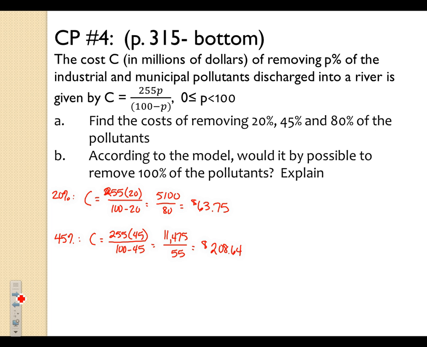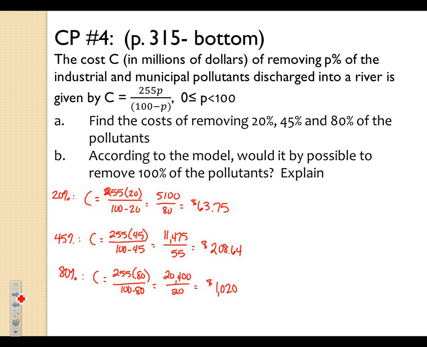And the last one is 80%. We end up with 20,400 all over 20, and that reduces to 1,020. Okay, so these are the costs to remove those percentages of the pollutants that have been discharged into a river.